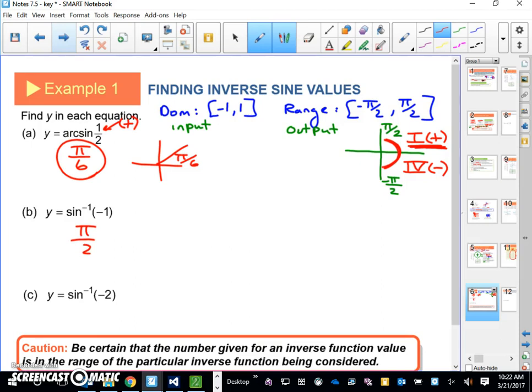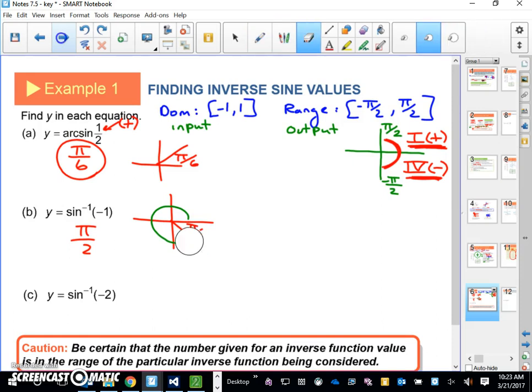But then you come over here and say, well, negative, okay, negative means that my angle is in the fourth quadrant. And so what you're going to want to do is you're going to want to put a pi over 2 here, okay? And it's very tempting to do what we've done in the past chapters and go all the way around here. Did I say pi over 2? I guess that's not where pi over 2 is.